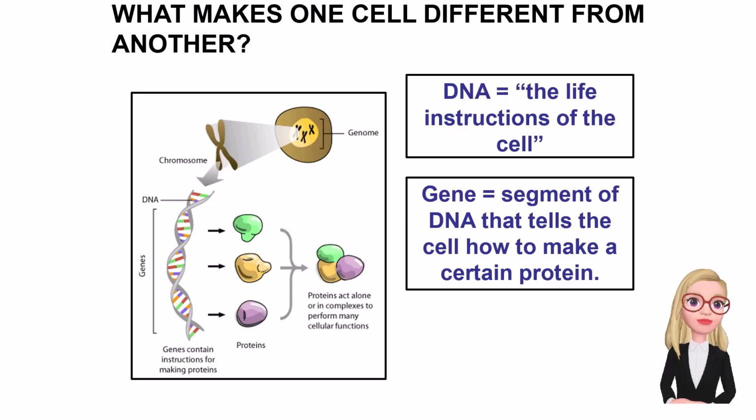I want to talk a little bit too about what makes a cell different from another, and you really see what these terms are. You saw this a lot in microbiology. This is just to kind of clear out the cobwebs, right? We've got the genome, we've got the chromosome, the DNA chain, and genes within that.